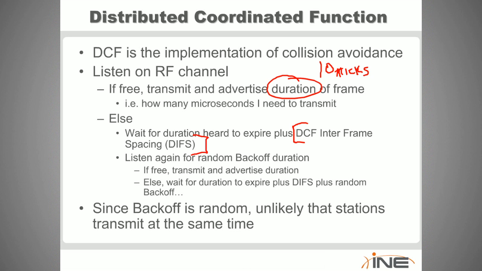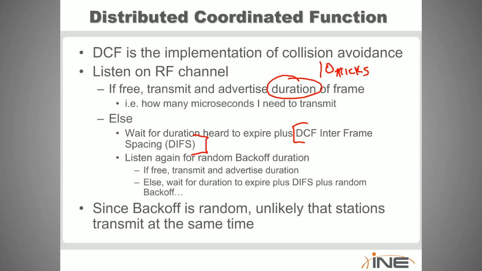That is my random backoff. So I waited 10 plus the frame spacing plus another 5. Once the 5 expires, then I can listen again to see if the air is free or someone else is transmitting. So the idea behind this is that since the backoff algorithm is random, it's unlikely that two stations are going to choose the same exact value and end up transmitting at the same exact time.